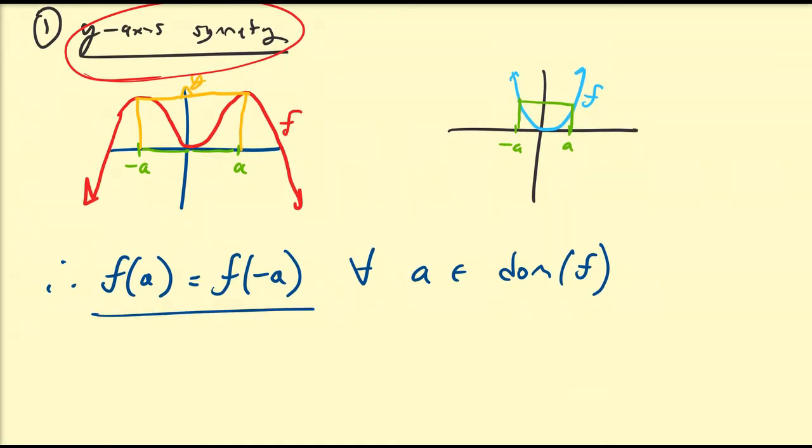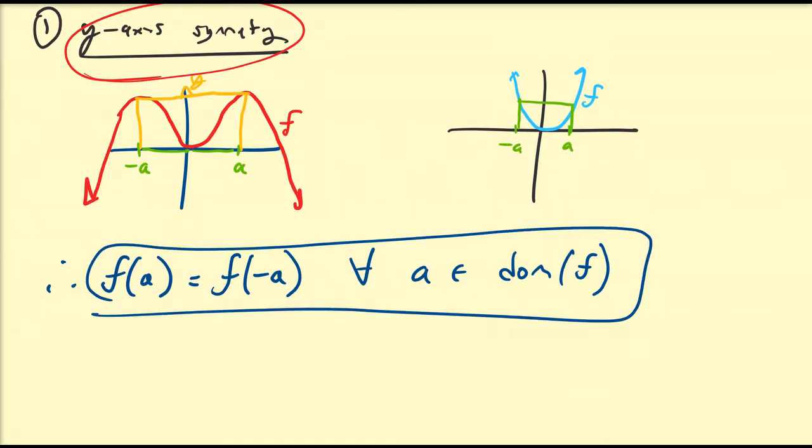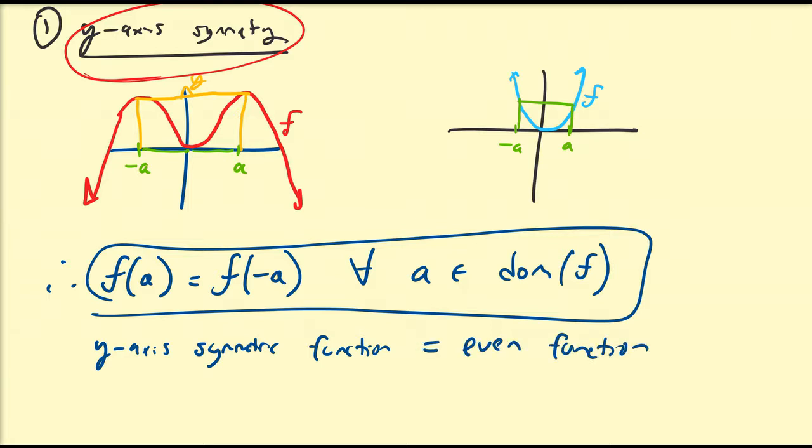This is what we refer to as the definition of a y-axis symmetric function, which sometimes people refer to as an even function. A function is even if it is symmetric about the y-axis, and you can prove that a function is even by plugging in negative a for any a in the domain and seeing if it equals the same value as f of a.